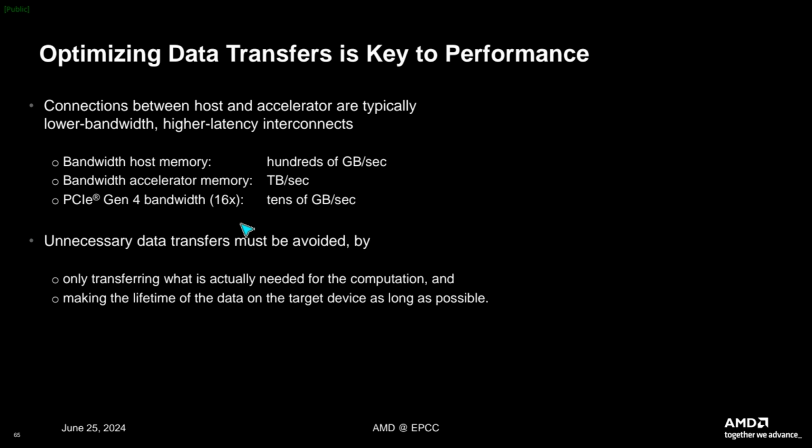Sometimes you can overlap the data transfer with some of the computation, but in general, it's good practice to be minimizing that data transfer. Some applications need so much memory, they have to do this offload model where they move a block of data out to the GPU to operate on it.